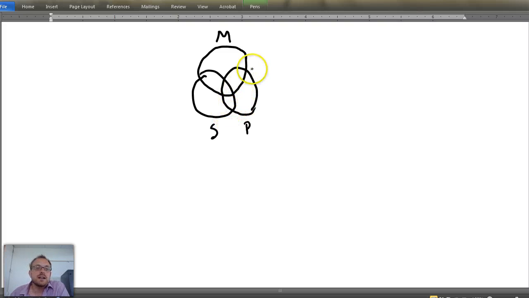You can use this Venn diagram in order to determine whether or not an argument is valid, and basically the same rules apply. So I'll put a little key up here. There's only two tools in our toolbox. On the one hand we have the fill, and remember, wherever you fill, that means there's empty space.